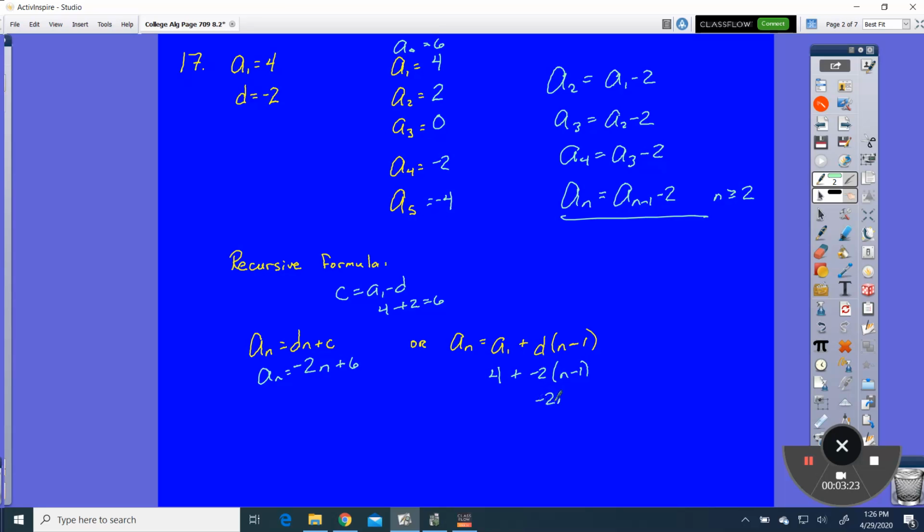I distribute, negative 2n plus 2. There's still a 4 at the front. 4 plus 2 is 6. So a_n equals negative 2n plus 6. So you get the same answer regardless of which formula you use. This is a little bit different way of saying that we're subtracting 2 each time. This is the same thing, saying we're subtracting 2 each time. So that was number 17.